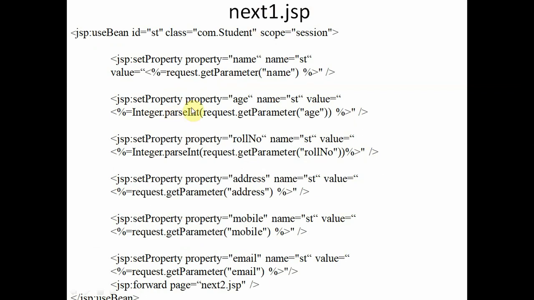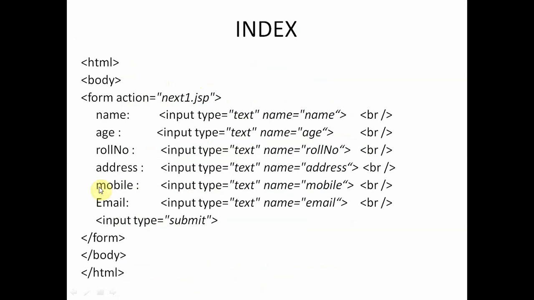For all 6 set functions there will be these 6 properties, the class name is this, and their values will be different accordingly. The value of the name property is request.getParameter name, so it will read from the name field.